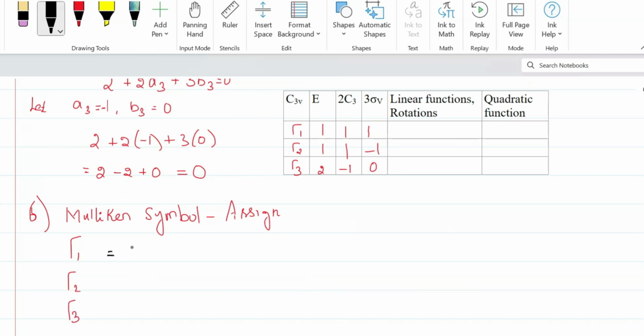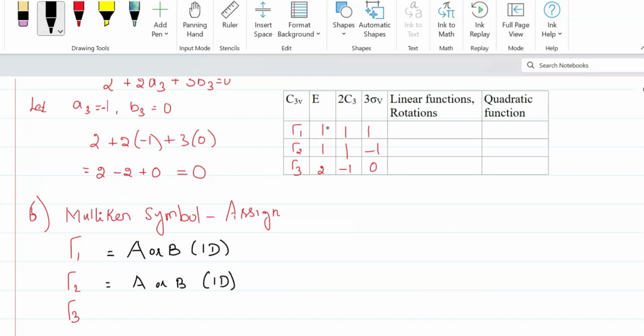So if it is one dimensional, it should be A or B. Similarly, the second one also is one dimensional. Since it is one dimensional, we are getting A or B.